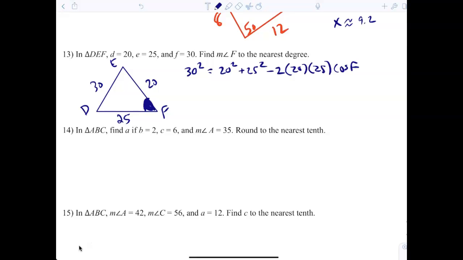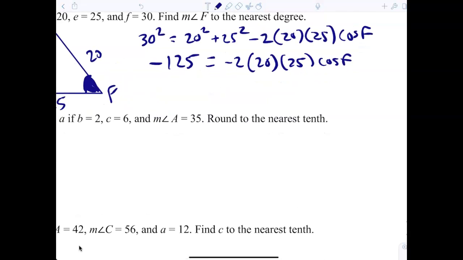30 squared minus 20 squared minus 25 squared. Somebody tell me what that is. Negative 125 is equal to, I could just say, negative 2 times 20 times 25 cosine F, right?